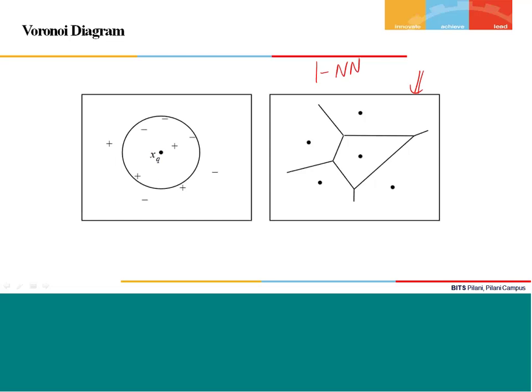So if I want to find my decision boundary, what will happen? There are 5 points and I am using the one nearest neighbor algorithm.